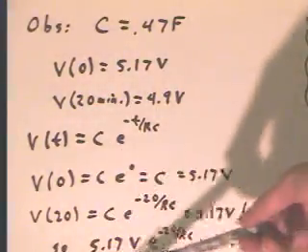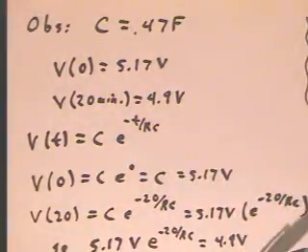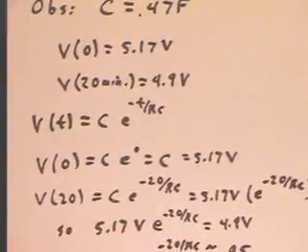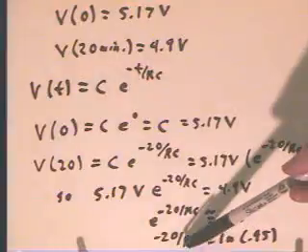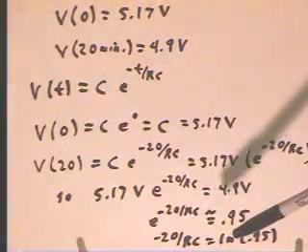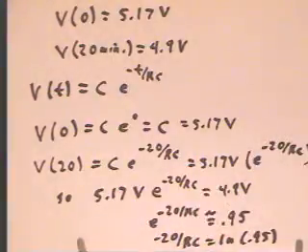We can set 5.17 volts e to the negative 20 over RC equal to 4.9 volts and solve the equation for RC. Once we find RC, of course, knowing C to be 0.47 farads, we can find R.